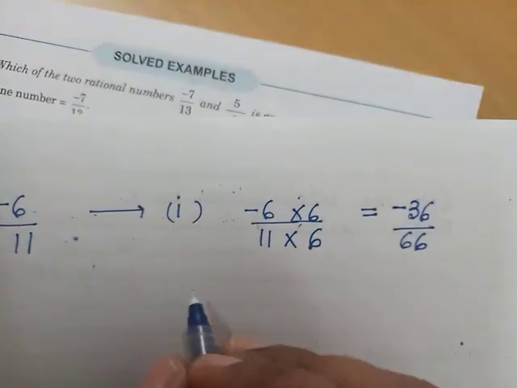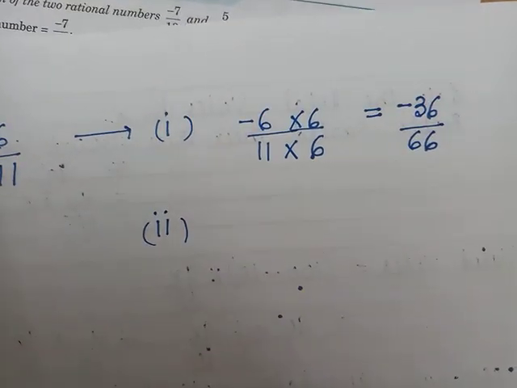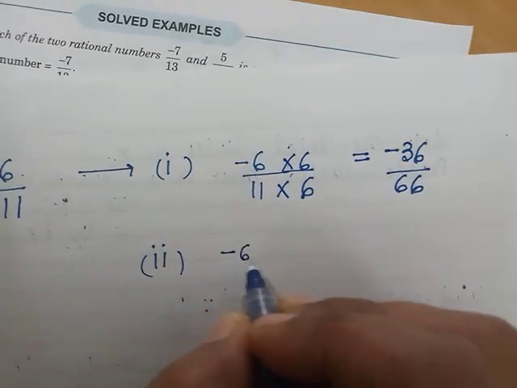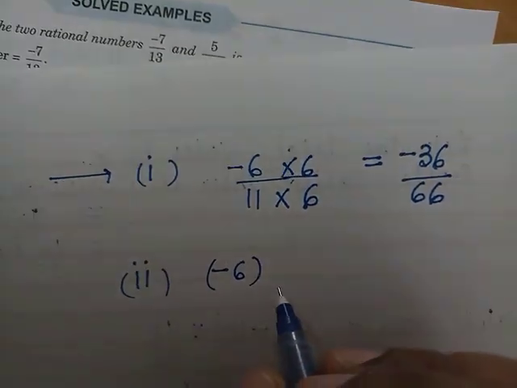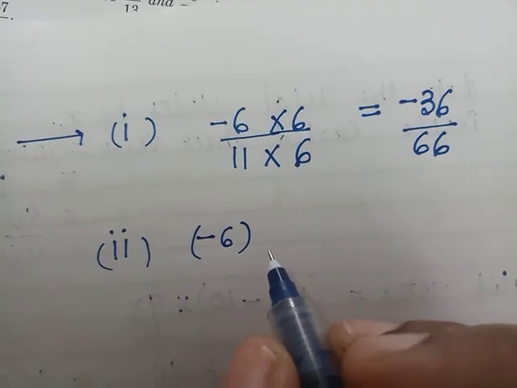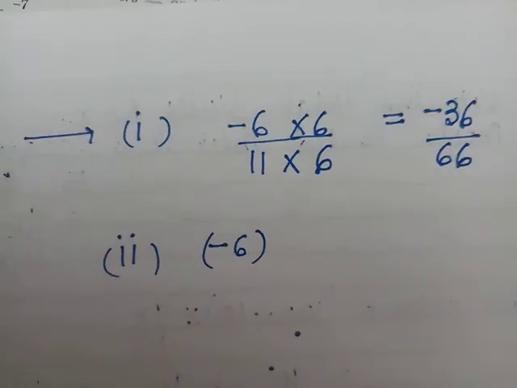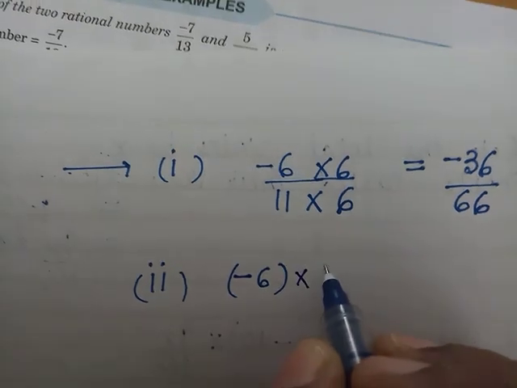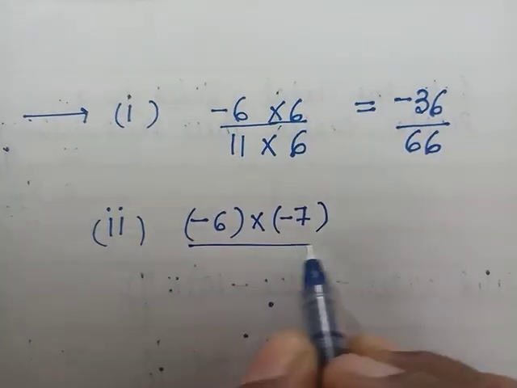Second part, they are saying make the numerator 42. No negative sign is there. Now we want 42 in the numerator. So you know very well 6 sevens are 42, but if we multiply by positive 7, it will become minus 42. So what am I going to multiply it by? Minus 7, to convert into positive.